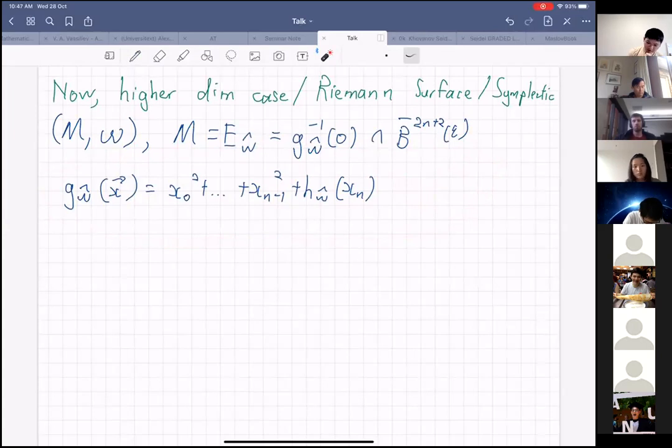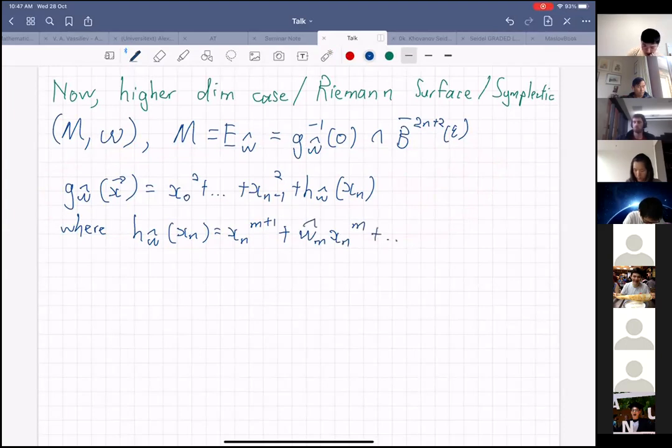To make it non-degenerate, we need to introduce this perturbation, h_W, which is x_n^(n+1) plus W_n x_n. Picking W just means I'm picking the coefficients for this perturbation.